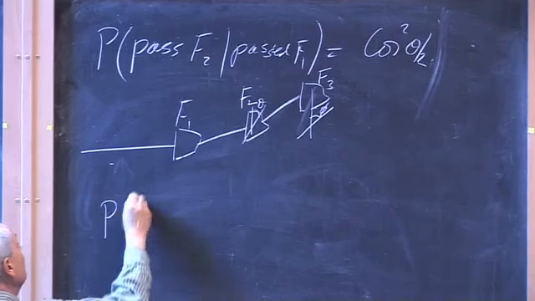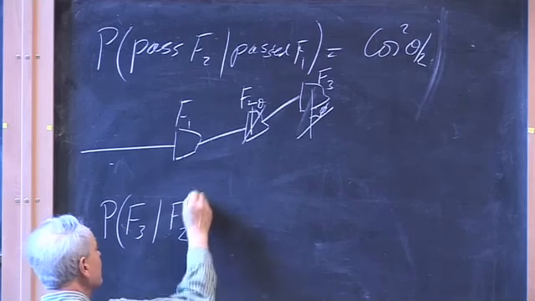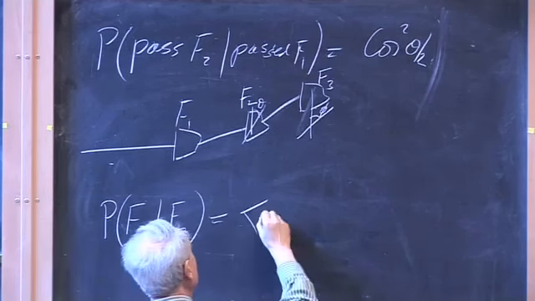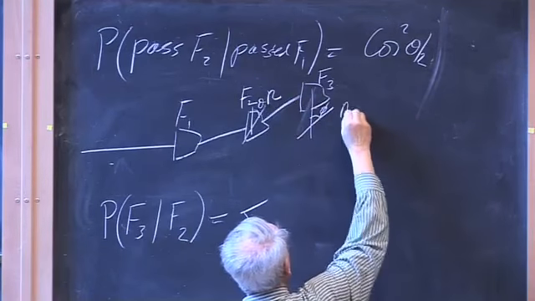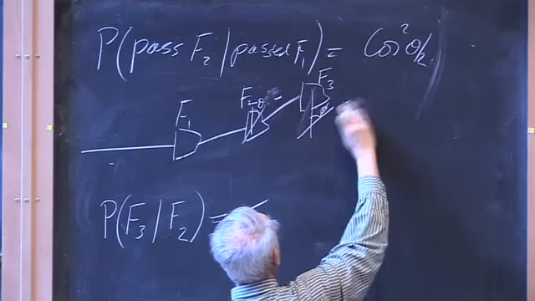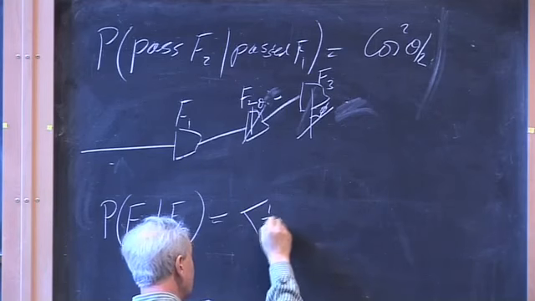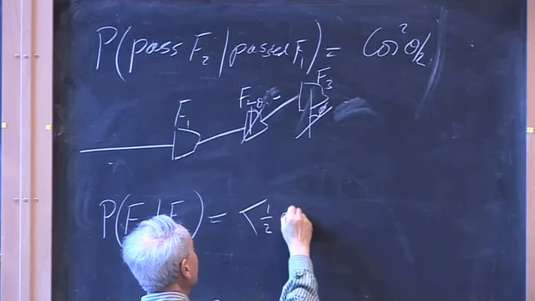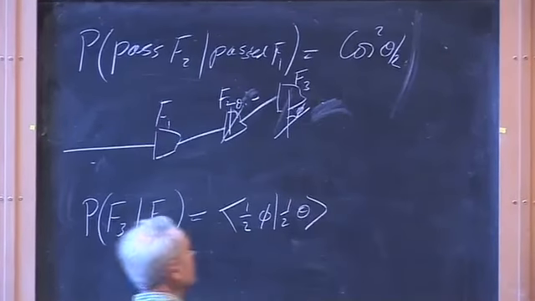The probability of passing F3, given that you passed F2, is going to be, we'll call this vector n, and we'll call this vector m, say. No, we'll use this notation. This will be a half on phi, a half on theta.